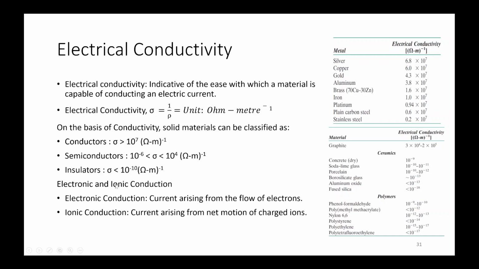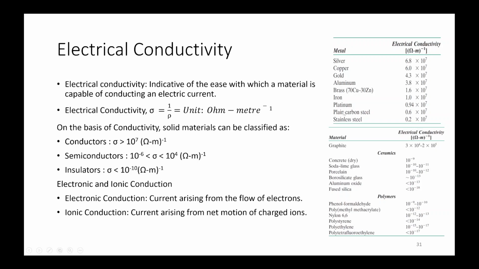And this conduction can be of two types: electronic and ionic conduction. Electronic conduction arises due to current arising from the flow of electrons. And ionic conduction is current arising from net motion of charged ions, so it will be mainly inside electrolytes.